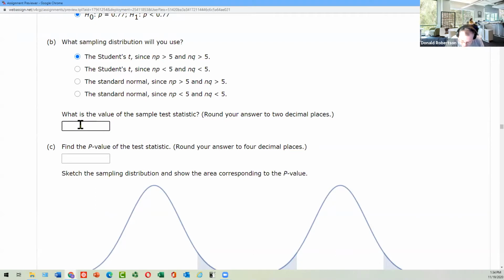Z-score, negative 1.660. P-value, 0.048. Oh, I need another digit, 0.0484.